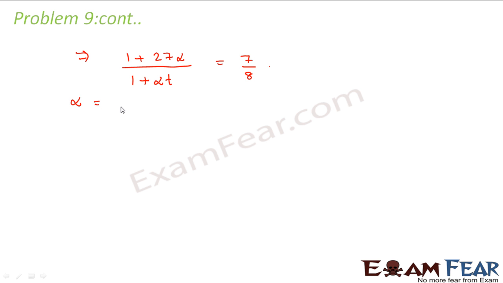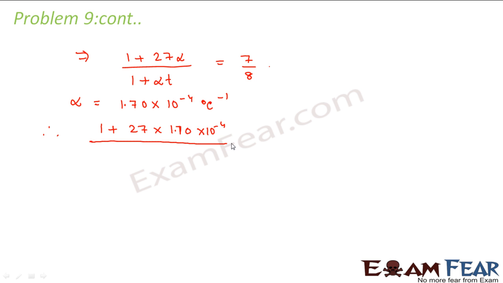Right? Now, in this problem, alpha is given as 1.70 into 10 to the power minus 4 per degree Celsius. So, putting the value of alpha, we get (1 plus 27 into 1.70 into 10 to the power minus 4) divided by (1 plus 1.70 into 10 to the power minus 4 into T) is equal to 7 by 8.